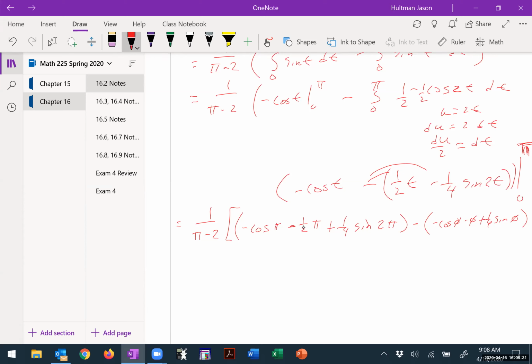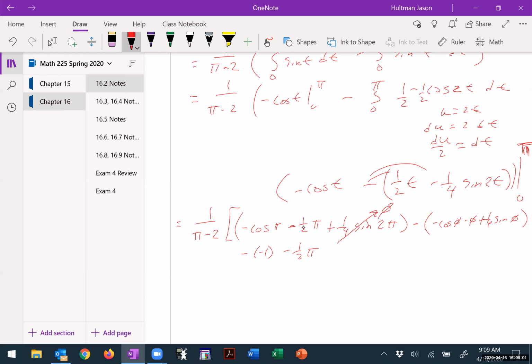Well, what does this clean up to be? This is negative cosine of pi. Well, that's a negative of a negative 1. This is minus 1/2 pi. This is 0, because sine of 2 pi is 0. This is the negative of a negative cosine of 0. Well, cosine of 0 is 1, right?